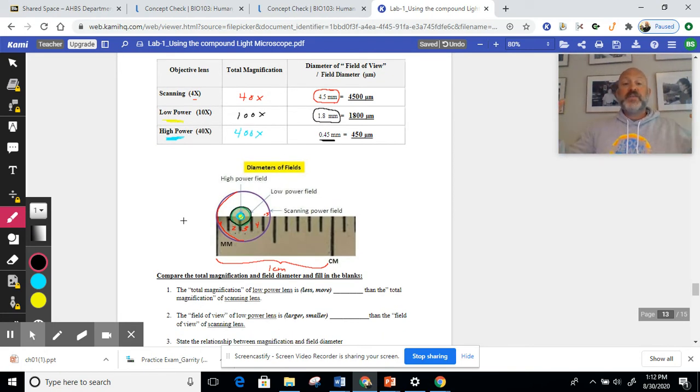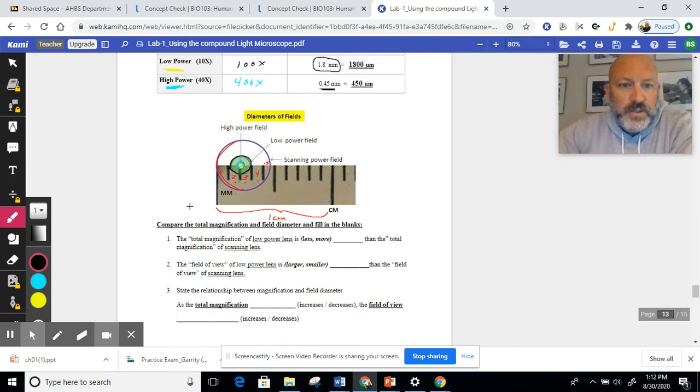So as magnification is increasing, the amount of space that we're looking at is decreasing, right? As the lenses get stronger, we're really zooming in on objects, and the amount of space that we're seeing becomes smaller because we're getting closer to it. So is the total magnification of the low power lens more or less than that of the scanning lens?